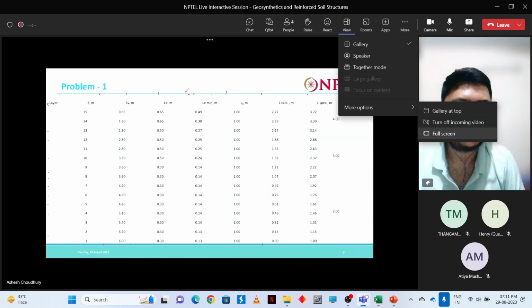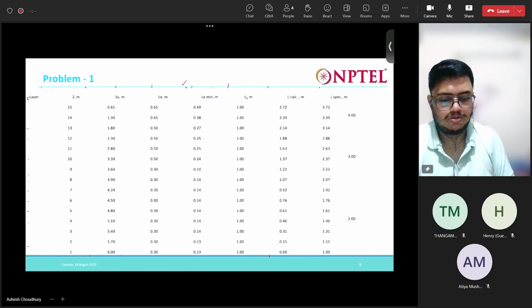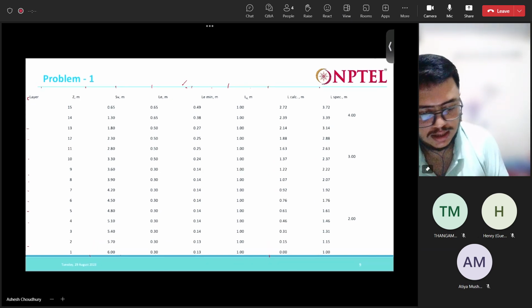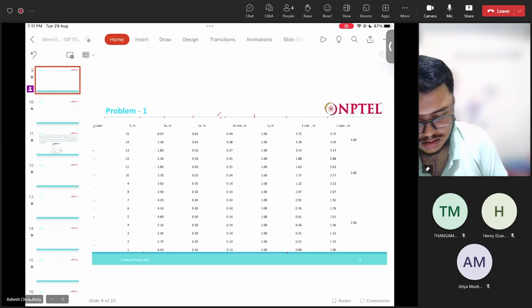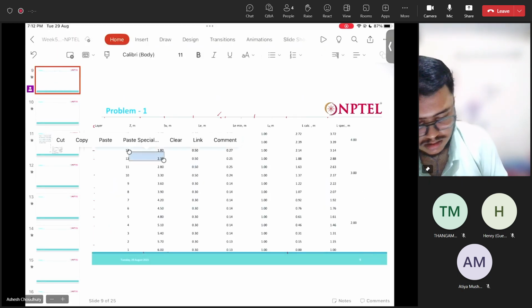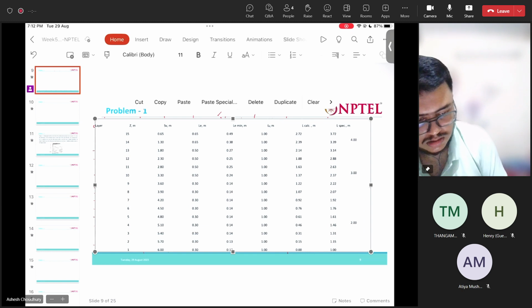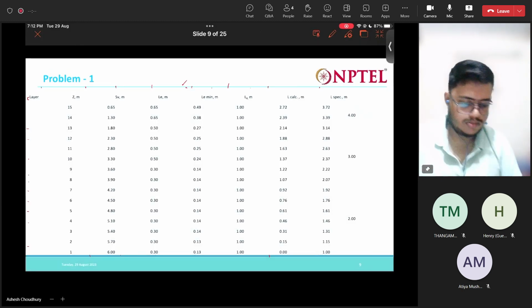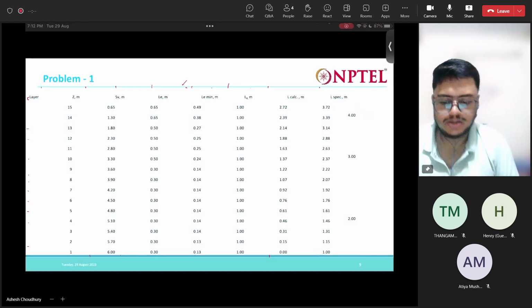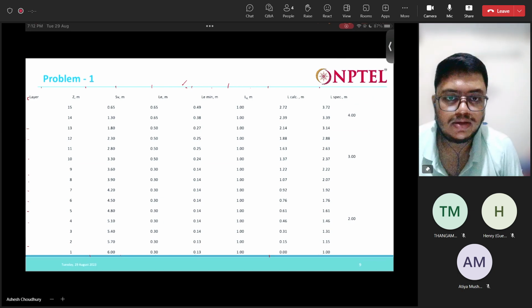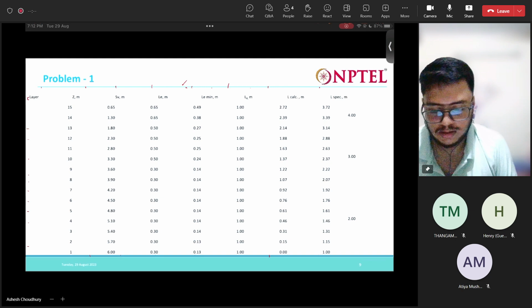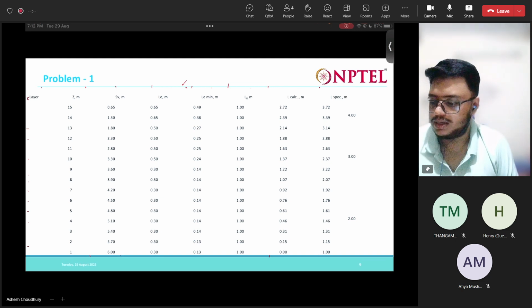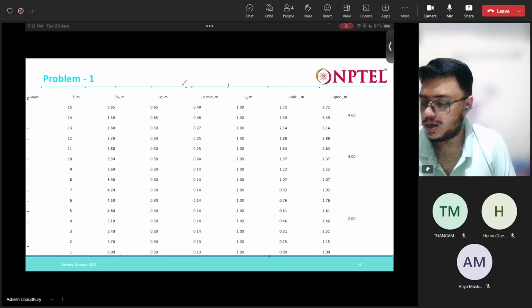So we got the lengths for each layer, and then we selected this final length. So this designing part is over.